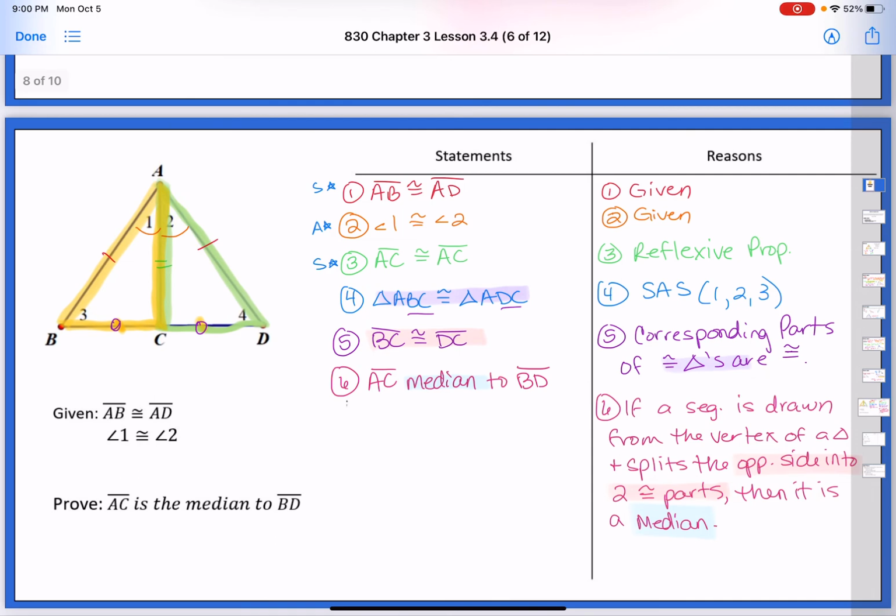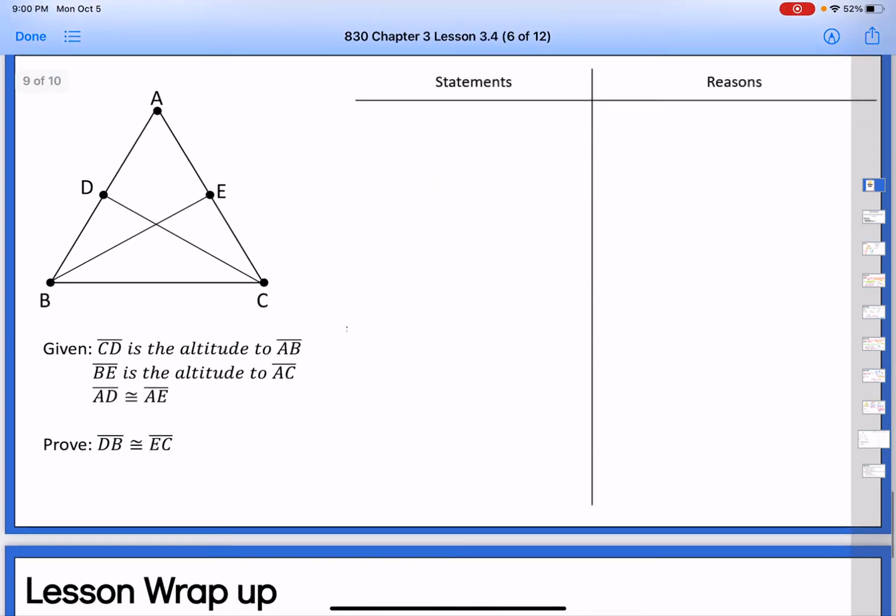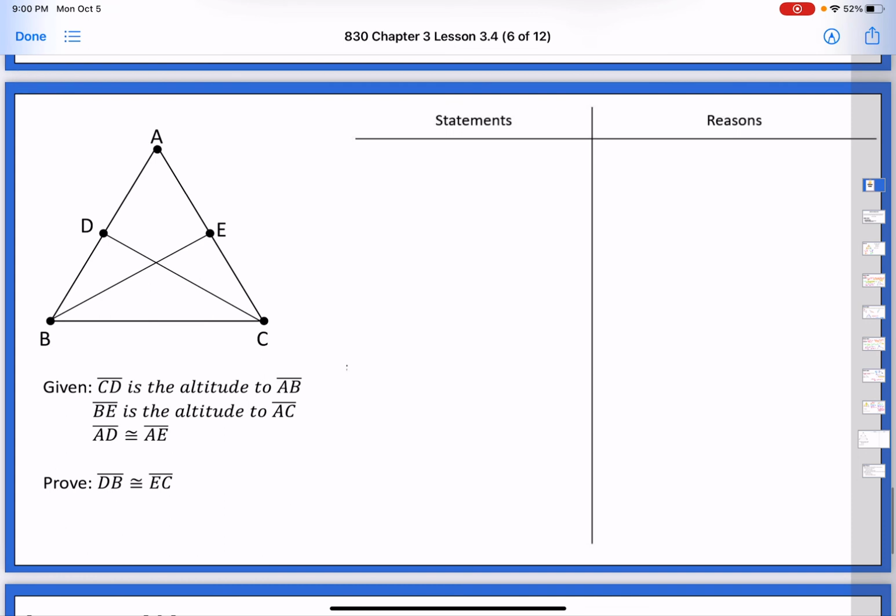Now that was using the one version, kind of the converse for the median, right? That's if you're trying to prove something is a median. So this next proof, this time I'm given that I have an altitude, and I'm going to try and use that to prove something else. So I'll kind of show you how that goes.